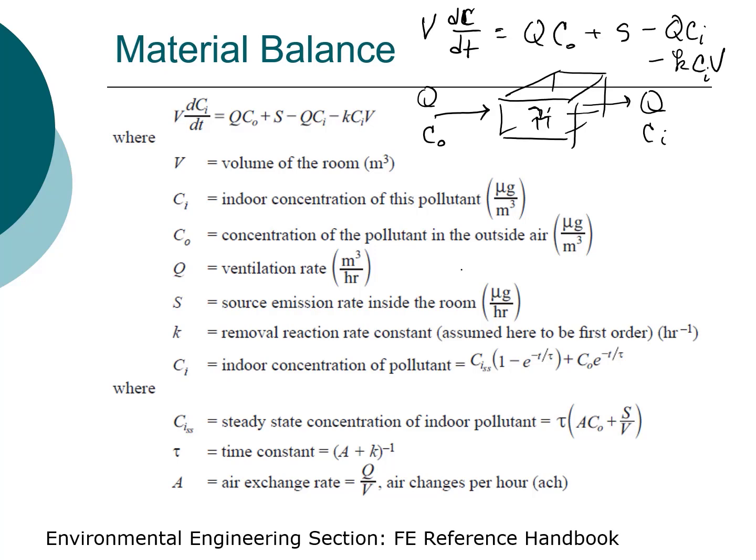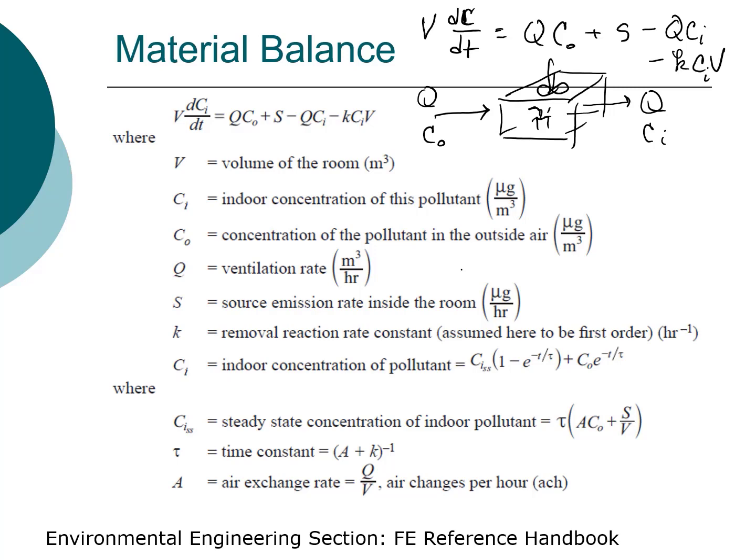So we've used K C V, so K is the first order decay constant, C sub I, the concentration in the system, and V is the volume. We've also noted in here, we've assumed that the concentration leaving is equal to the concentration at any point in the system. So we've also assumed that we have a completely mixed system.